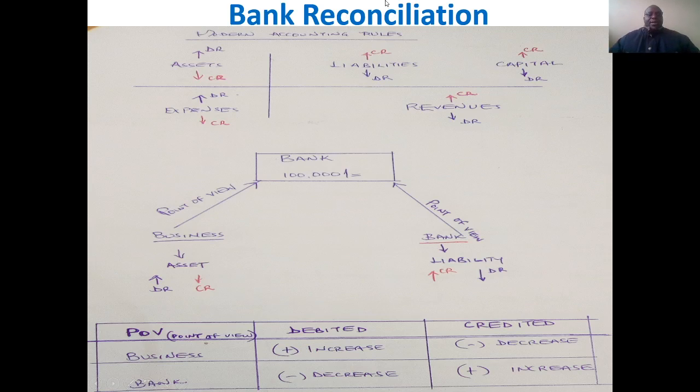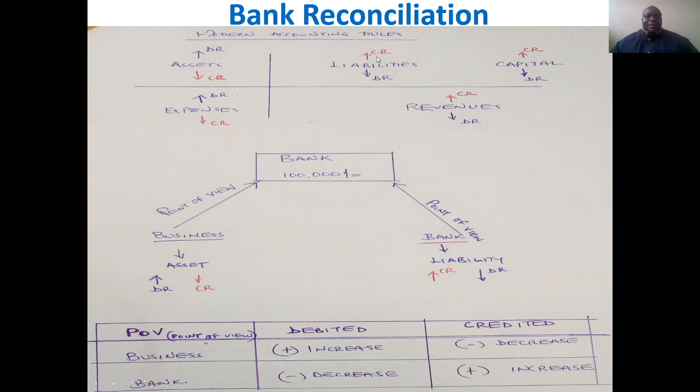So, we know that in modern accounting, there are some rules followed for recording transactions. When assets increase, we debit that asset account, and when they decrease, we credit that account. The same with the expenses. When an expense account increases, we debit that account, and we credit that account when an expense reduces or decreases. The opposite is true for liabilities, capital, and revenues.